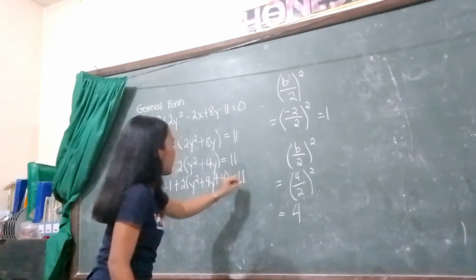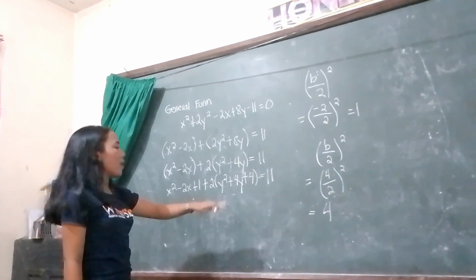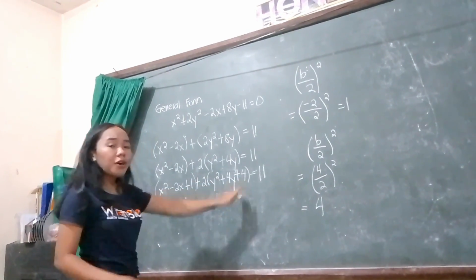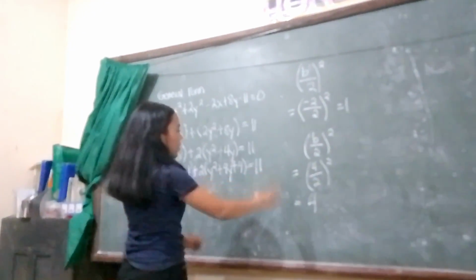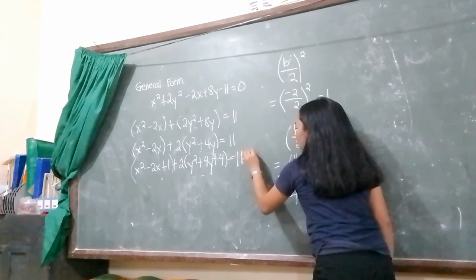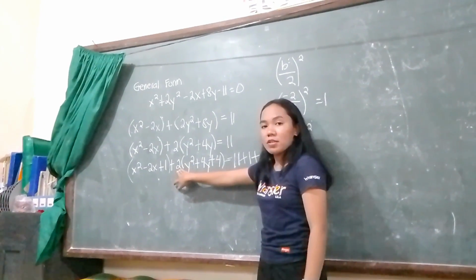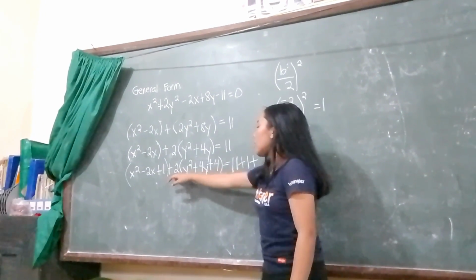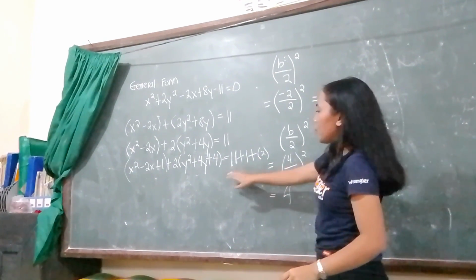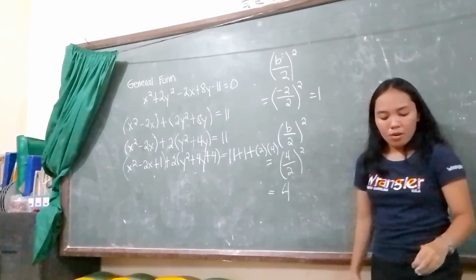And since we add 1 and 4 here, we also need to add in this side. So we have 1 plus, and since we have here the coefficient of 2, we need also to put it, and 4. Okay.